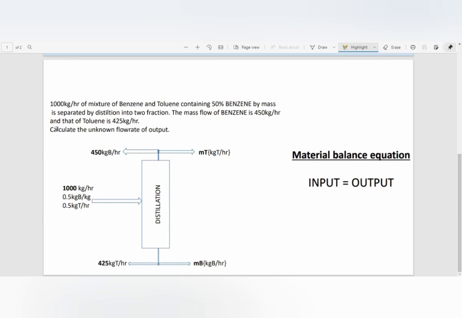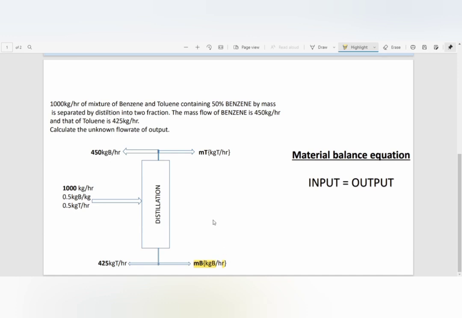On the top right, we have the exiting m_T kg per hour, which will be the mass flow rate of toluene. At the bottom we have m_B kg per hour.